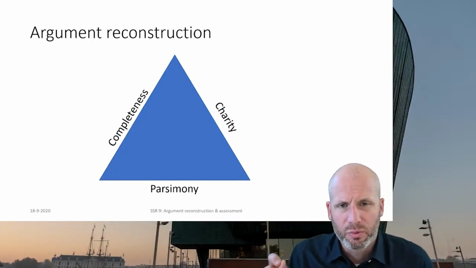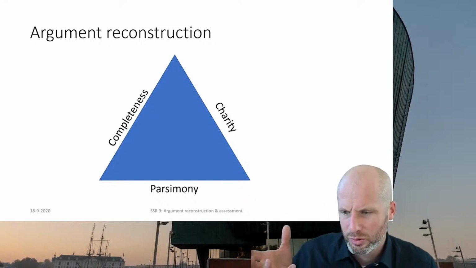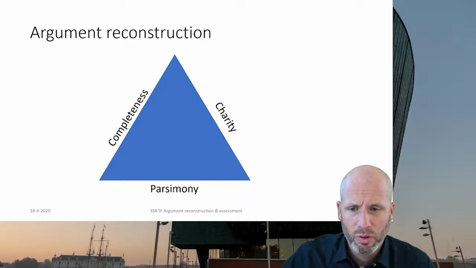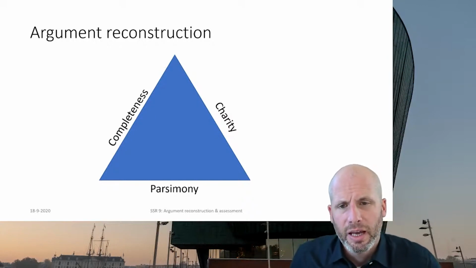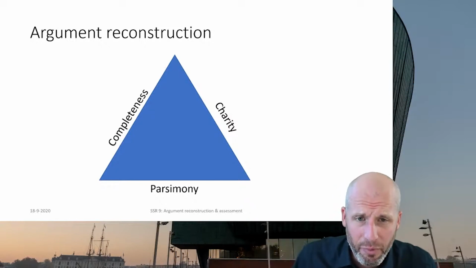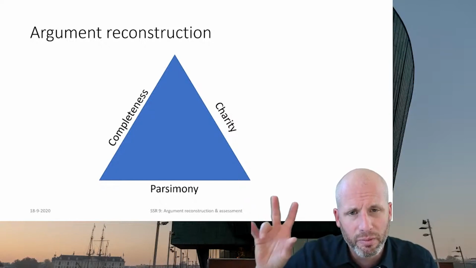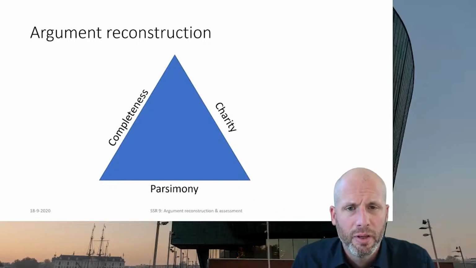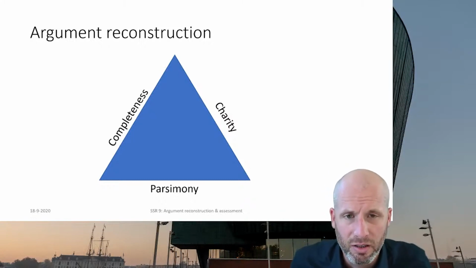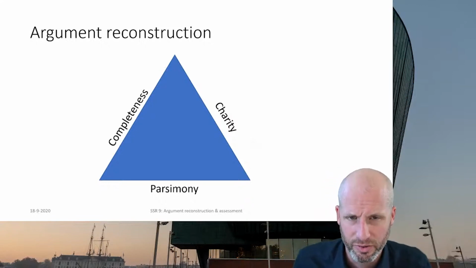So we looked at what logical streamlining is, how we should deal with rhetorically charged words, vague words, ambiguous phrases, and we looked at how to remove extraneous material. After the break, we're going to talk about three principles that you need to bear in mind when making a reconstruction of an argument. And finally, we're going to talk about some useful things you should consider when assessing arguments, including the argument about intelligent design that we started off with.